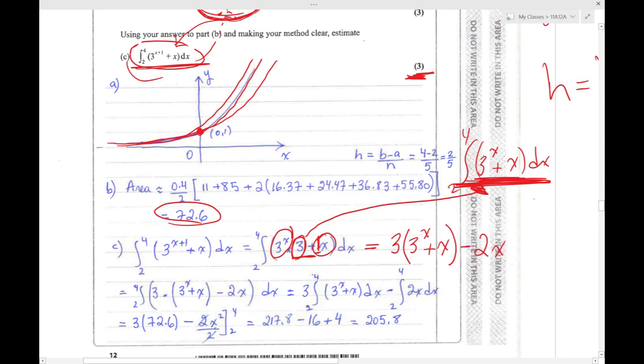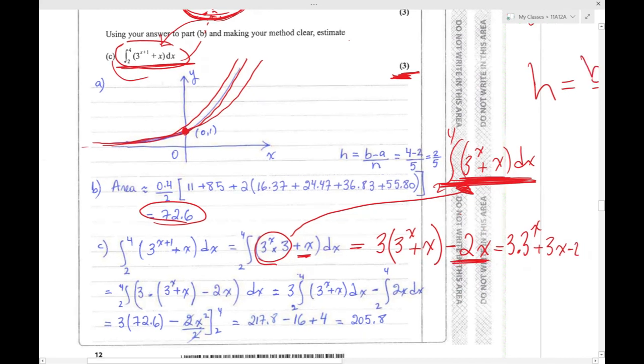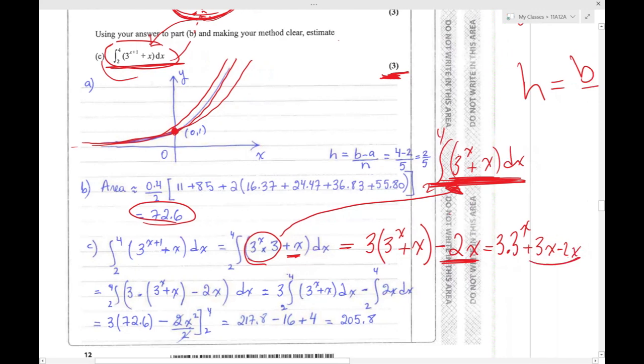So if you expand it now, you're going to get 3 times 3 to the x, which is this one, then 3x, which I don't have here. But since I subtracted 2x, this will resemble the x that I have. So it's going to be 3, you take it outside because it's a constant. Whenever you have a constant inside the integration, you take it outside.